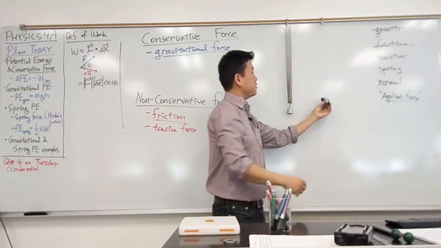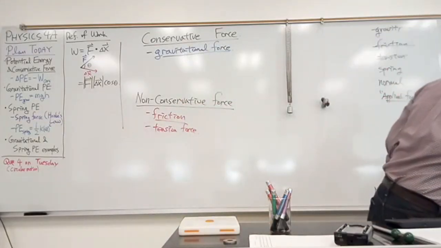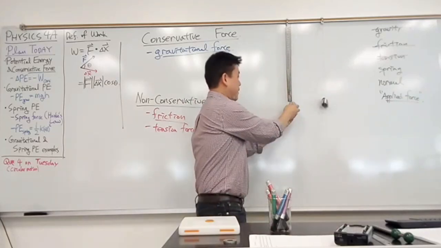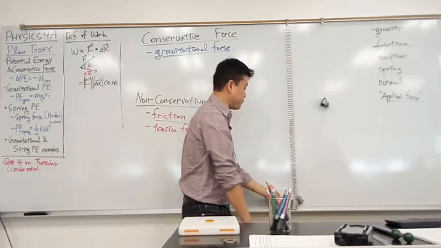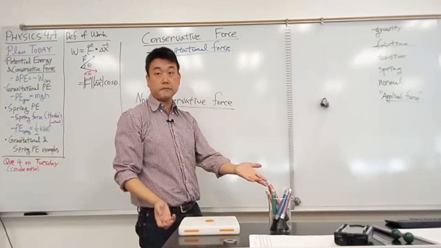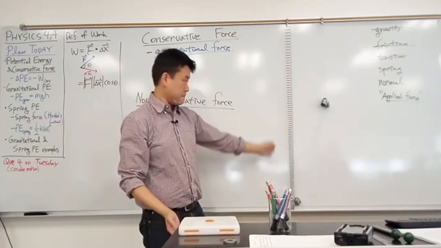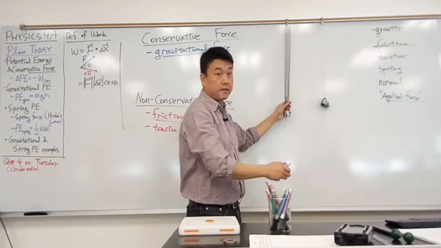Watch what happens to the string here. And let me hang a little more mass on this spring and watch what happens here. Do you see an important difference between the spring and the tension force? What's one important difference? Yeah. With the spring force, you see the change in length.